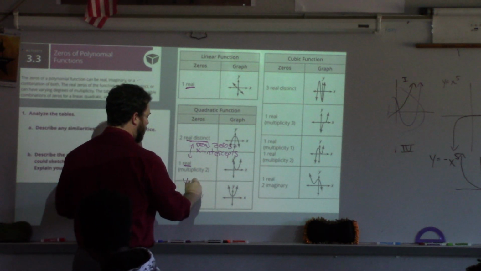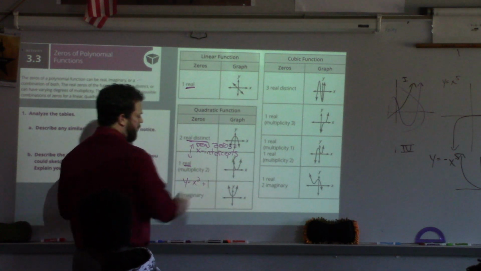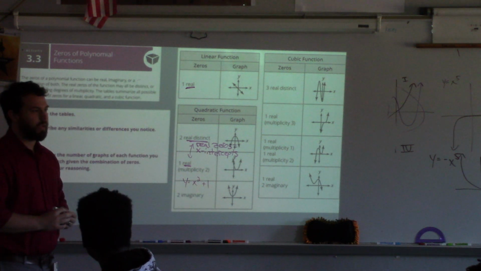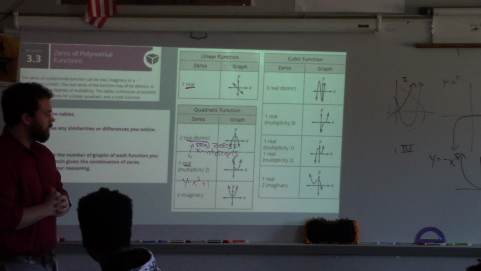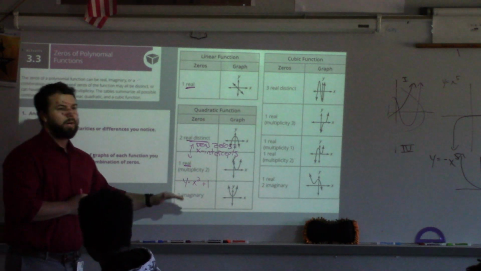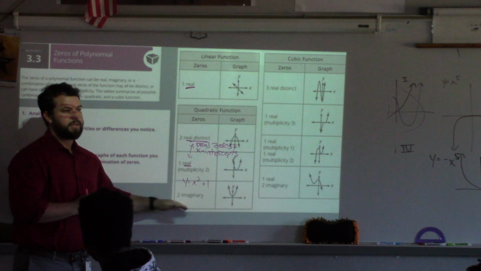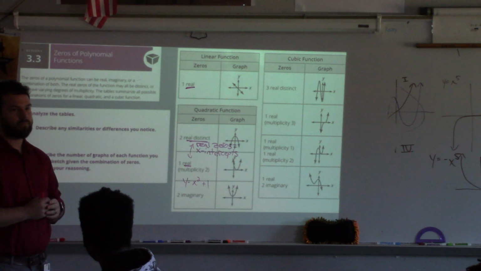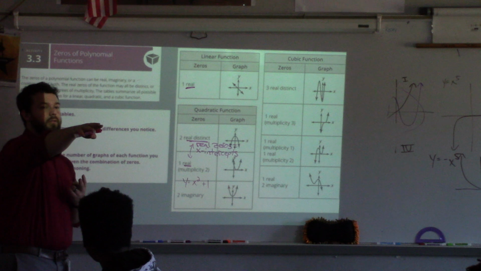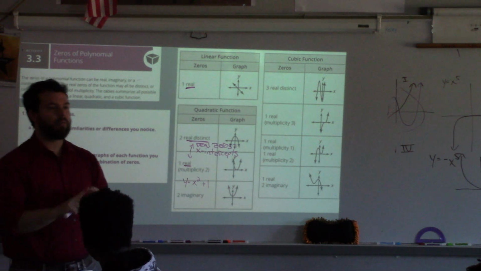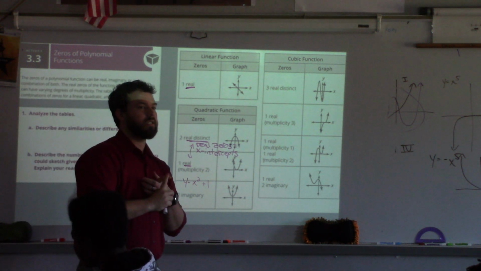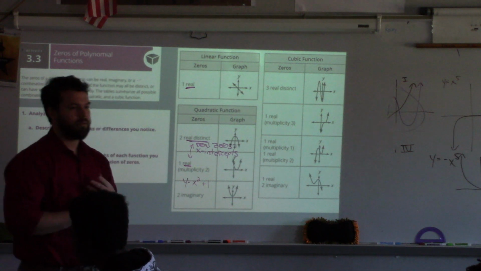I'm going to make up a possible equation here. Maybe that's the equation for this parabola, maybe, because I don't have any numbers. Why do I know that there has to be two imaginary? Because they do come in pairs. It's x squared, right? And remember, the number of zeros matches the degree.